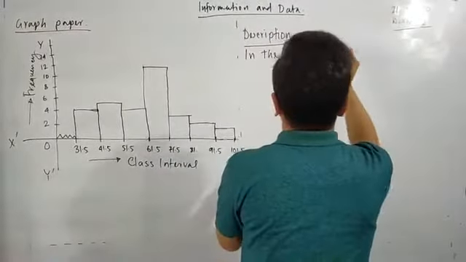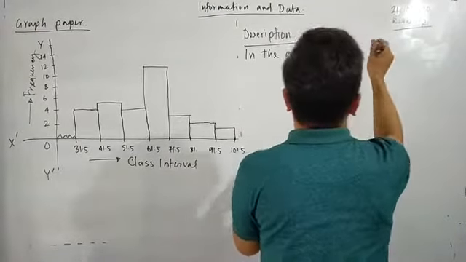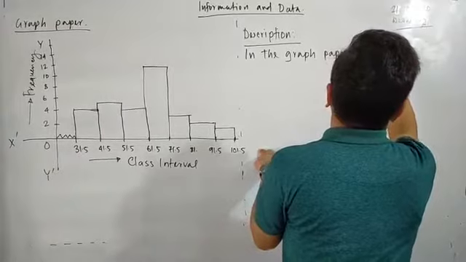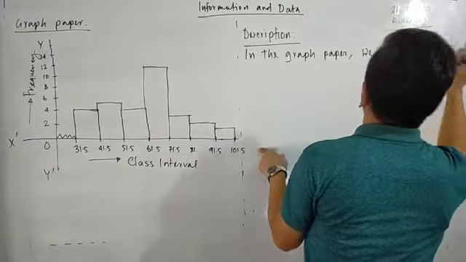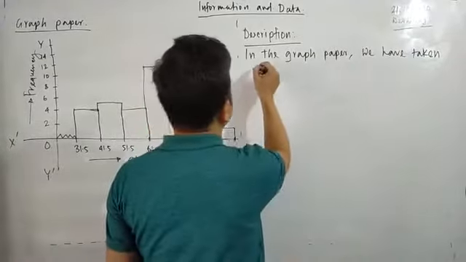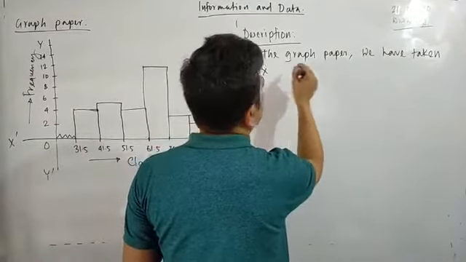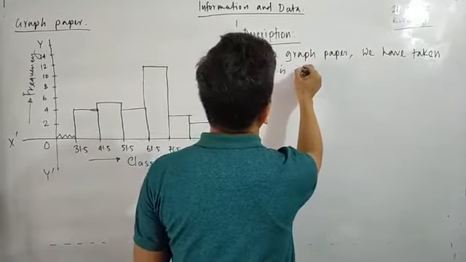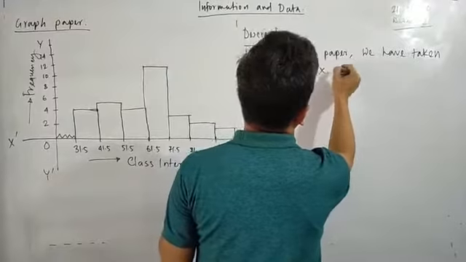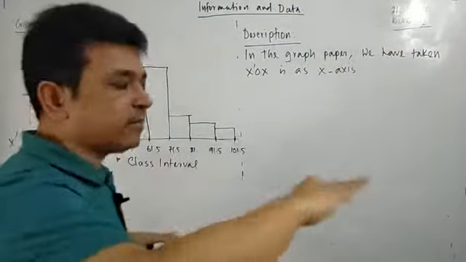In the graph paper, we have taken x prime or x as the x-axis. Okay, we consider this one is the x-axis.